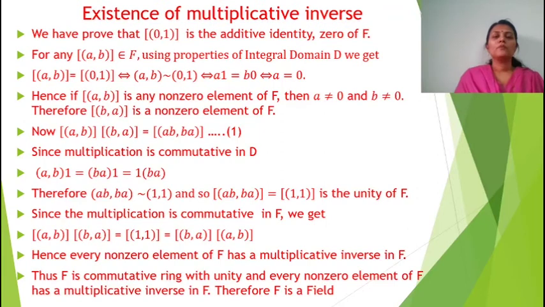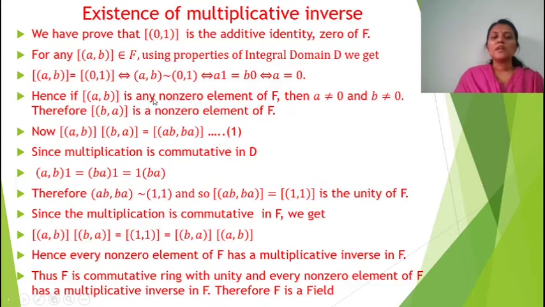Now we have to show that there exists a multiplicative inverse. We have proved that (0,1) is the additive identity, the zero of F. Now for any (a,b) element of F, using properties of the integral domain D, we get (a,b) = (0,1) if and only if a·1 = b·0, which implies a = 0.